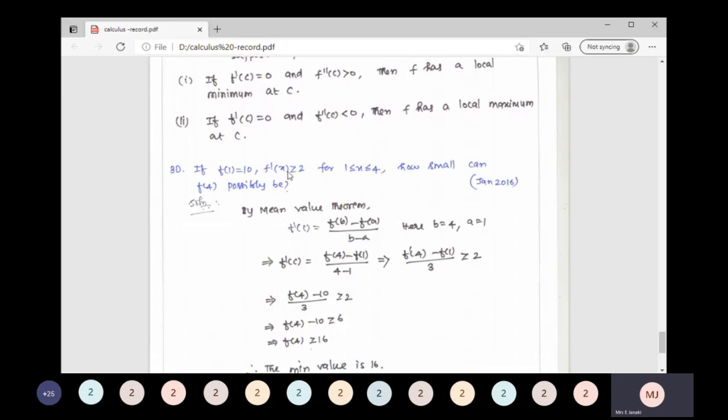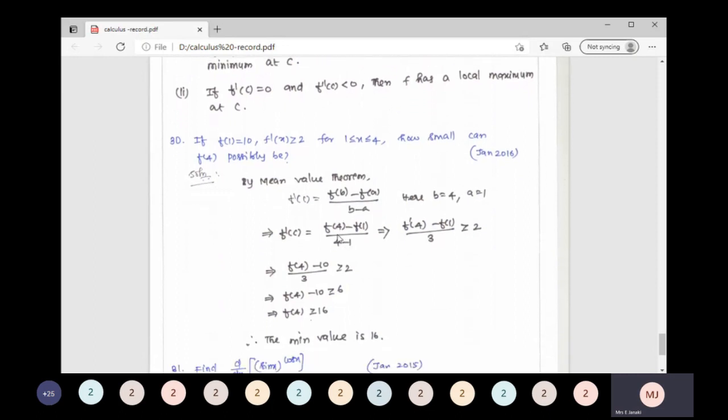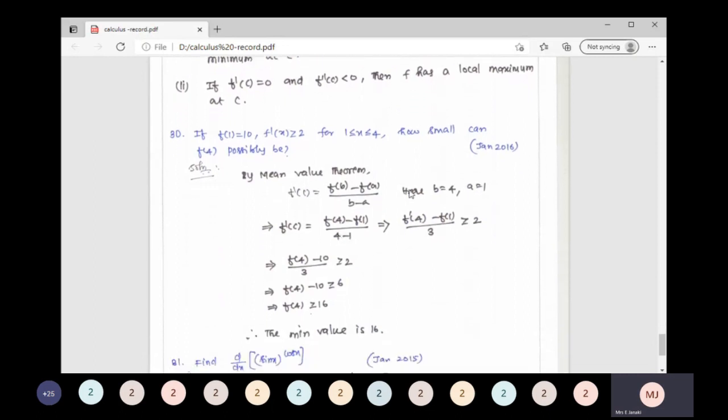Here the function is not given, so we will consider f dash of c equal to f of 4 minus f of 1 divided by b minus a, that is 4 minus 1, which is equal to 3.